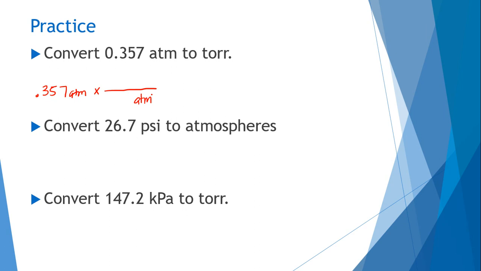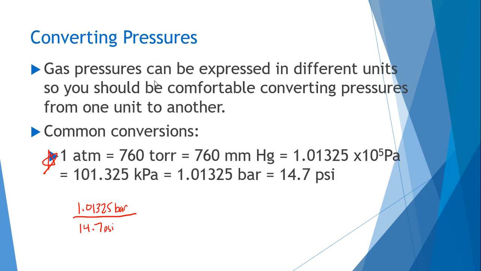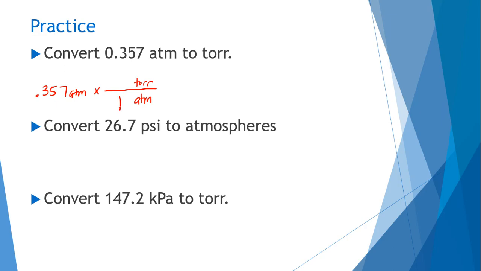The top is going to be what we're trying to get to. So it's asking us to get to our torr. Now we have to go back and look at the relationship between ATM and torr. So if we go back, we have 1 ATM equals 760 torr. So that means 1 ATM is going to go here, and then 760 torr is going to go on top.